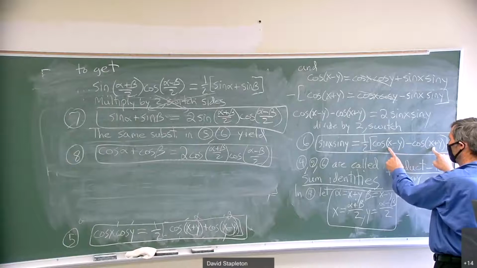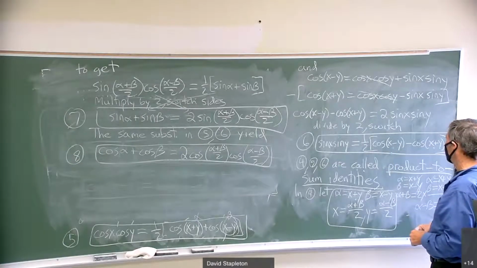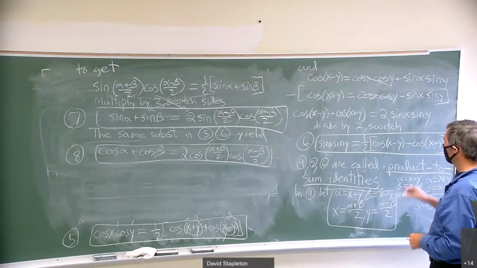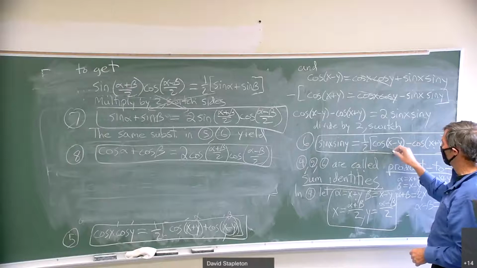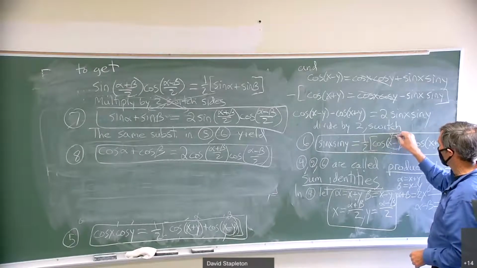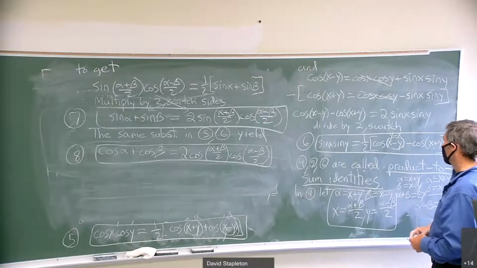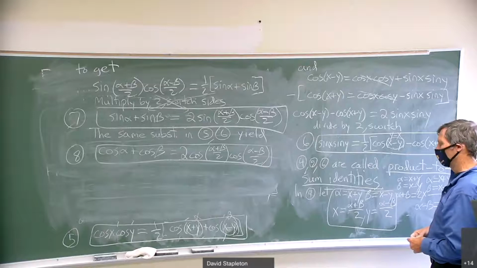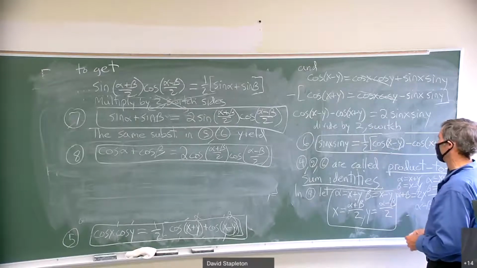So this is cosine beta minus, and actually these can go in either order. Right, cosine's an even function, so cosine of x minus y is the same as cosine of y minus x. Take minus the angle, same cosine. All right.